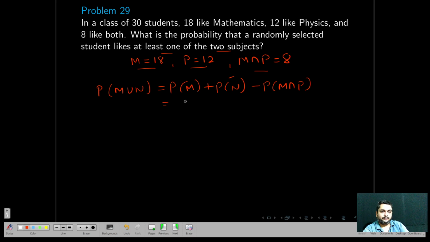So this comes out to be mathematics 18 by 30, because I'm taking probability here, plus physics 12 divided by 30, minus intersection 8 by 30. So that is equal to 30 minus 8, 22 by 30. That is 11 by 15.